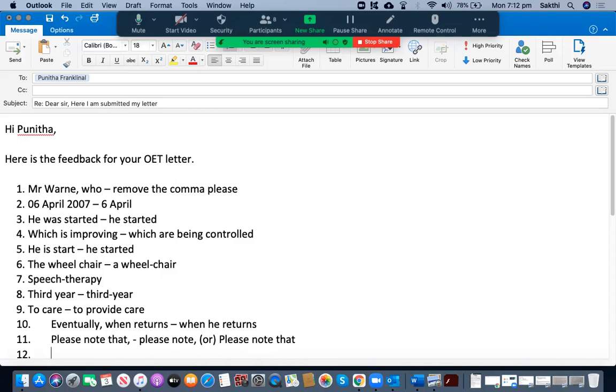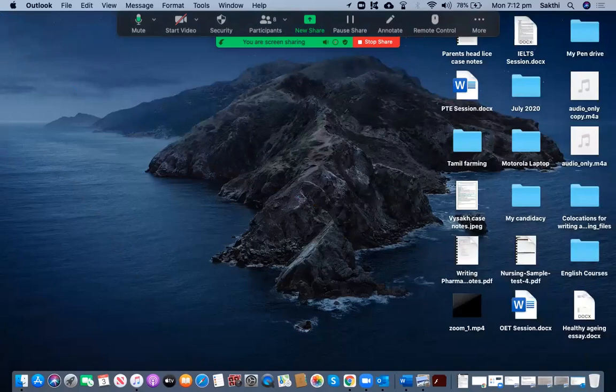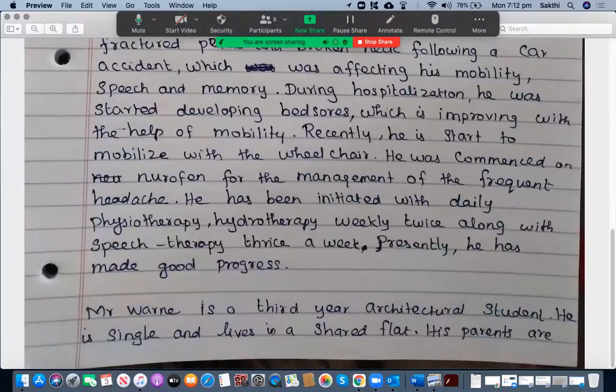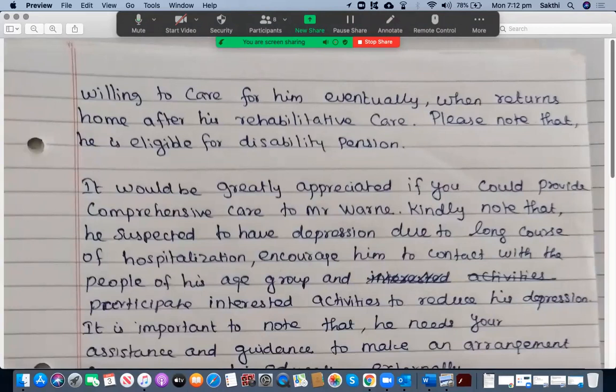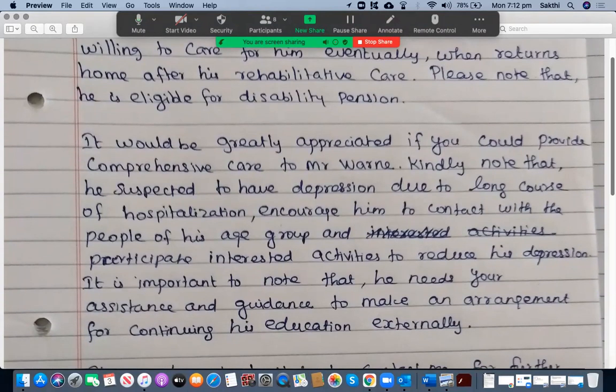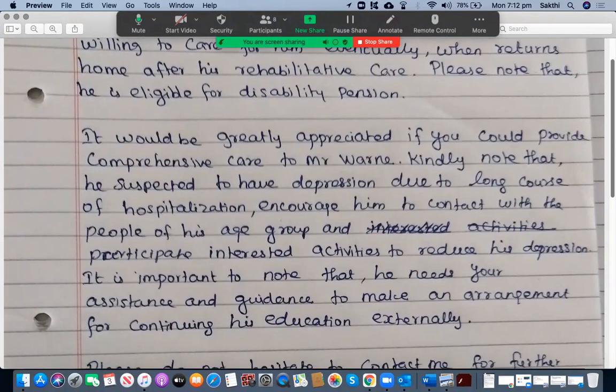So the comma is going to replace "that." Simple. Do you understand now? Don't commit the same mistake. You have committed the same mistake previously as well. I'm really worried about it. "Please note that he is eligible."